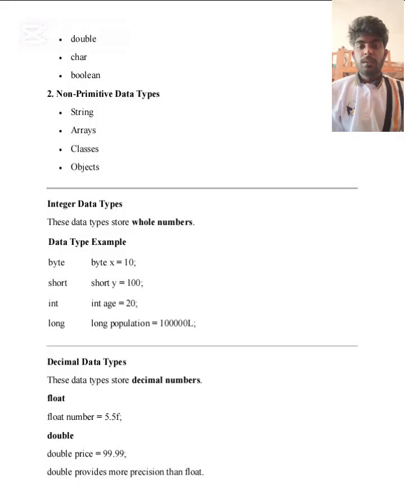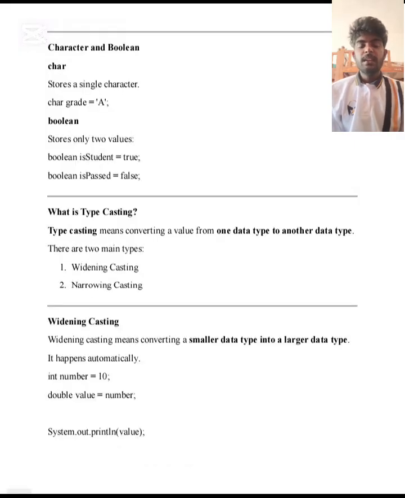Now let's discuss char and boolean. The char data type is used to store a single character. For example, char grade = 'A'. Here, the character is stored in the variable called grade.